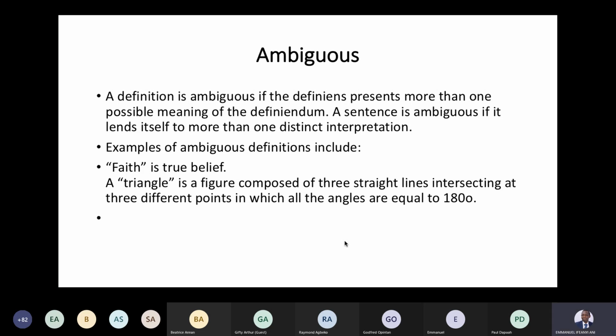A sentence is ambiguous if it lends itself to more than one distinct interpretation. Examples of ambiguous definitions. Faith is true belief. A triangle is a figure composed of 3 straight lines intersecting at different points in which all the angles are equal to 180.